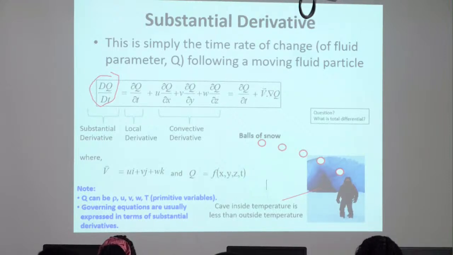And on the right-hand side, the first term, the partial of the quantity Q with respect to t, we call the local derivative of the quantity with respect to time. And then these other partials times the velocities u, v, and w, we call those the convective terms.